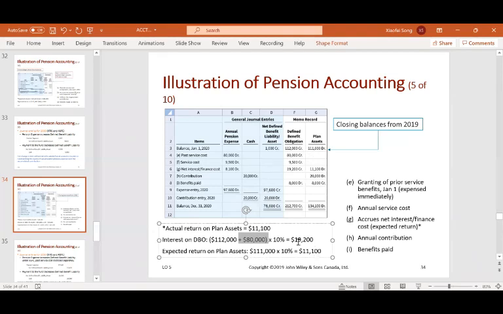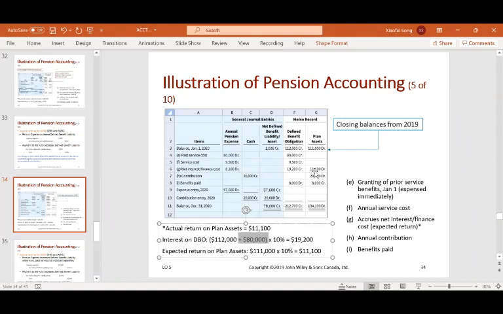The difference between these two is 8,100. So the journal entry would include two debits, because we debit plan assets and we also debit pension expense.